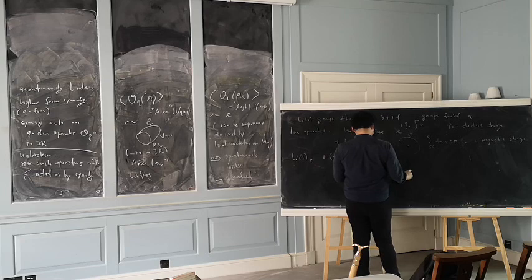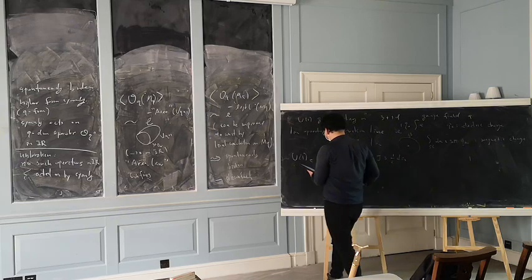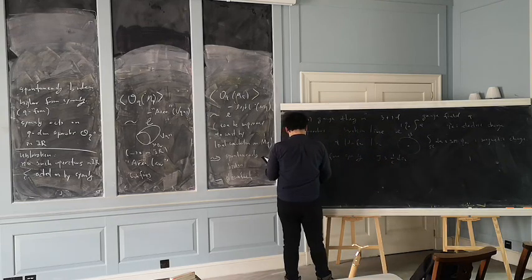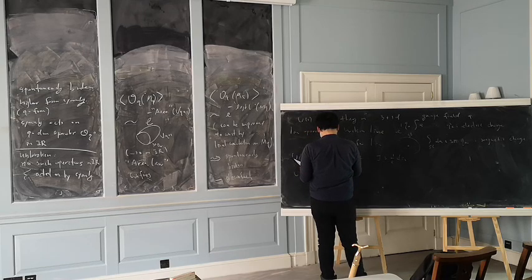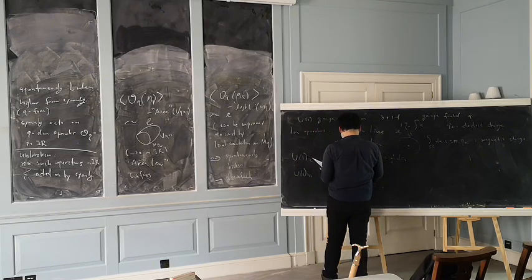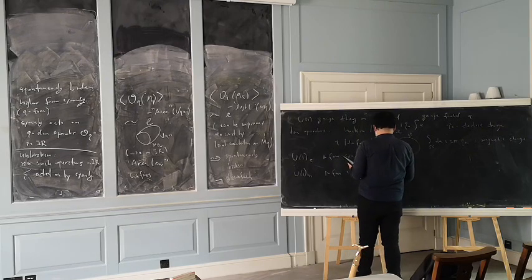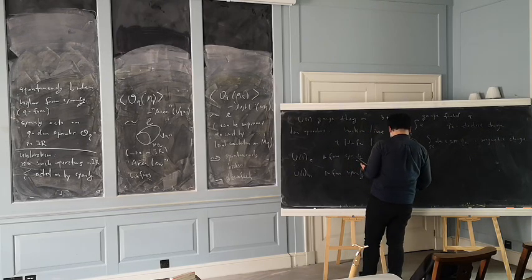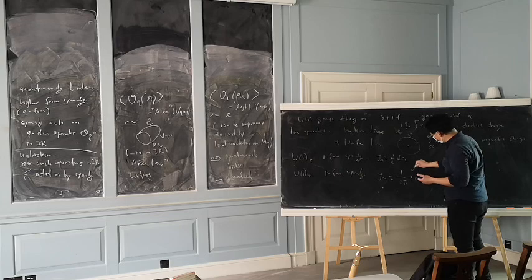The current is given by the electric field, so it's given by dA times the coupling constant. And there's also a U(1) magnetic one-form symmetry that acts on the 't Hooft lines. The current is given by the dual field strength, where the star is the Hodge dual.